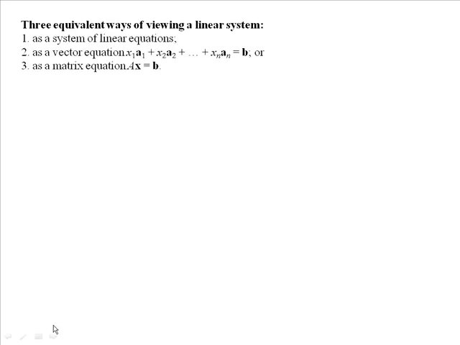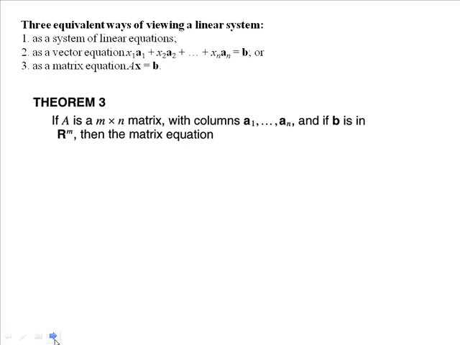So we just saw 3 equivalent ways of viewing a linear system. Number 1, as a system of linear equations; 2, as a vector equation, given here; or 3, as a matrix equation, Ax equals b. So that leads us to theorem 3.